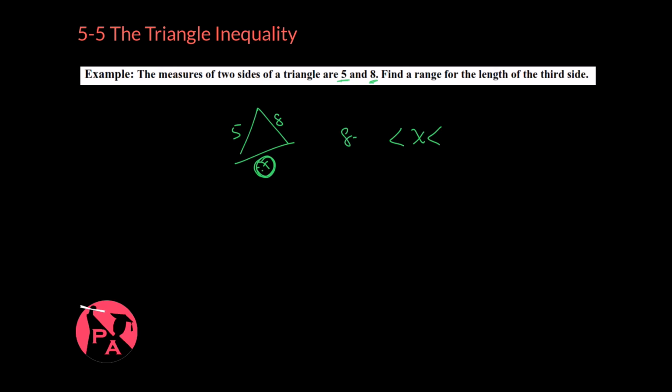Subtract the numbers that you have, and add them together. When you add them, you write the result on the right side. When you subtract them, you write it on the left side. So 8 minus 5 is 3, which is going to be less than x, and x is going to be less than 8 plus 5, which is 13. So instead of doing all that work, all you need to do is subtract and add the two given sides to find an interval for the third side.